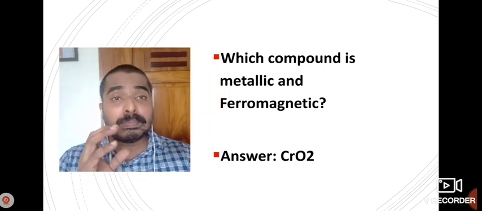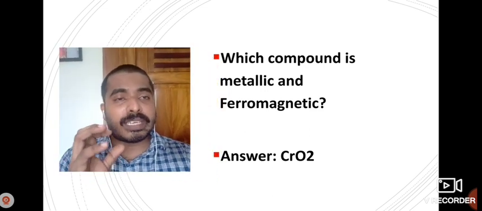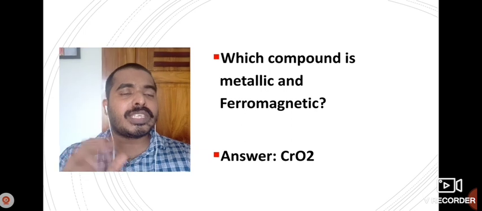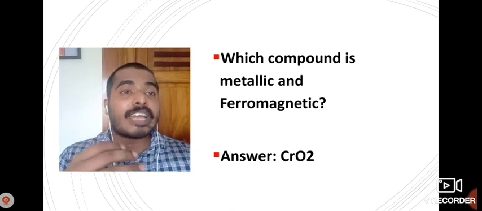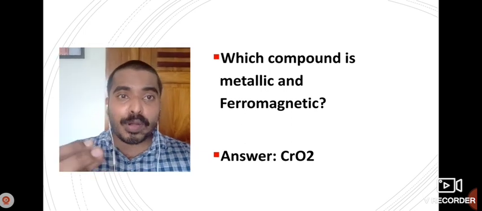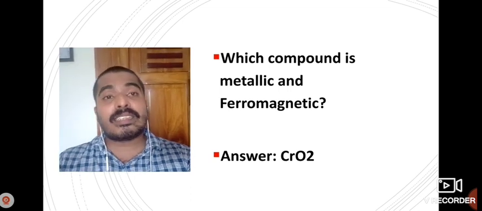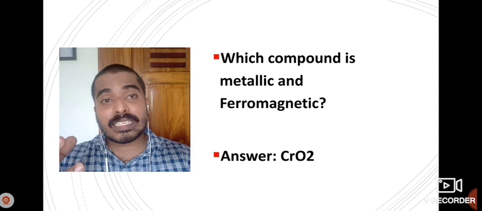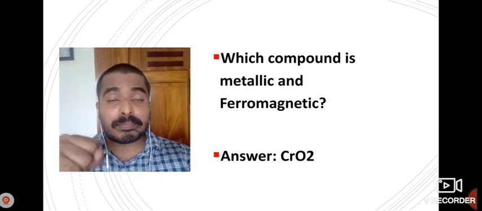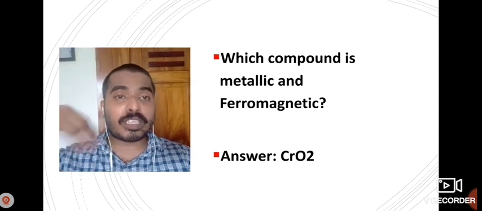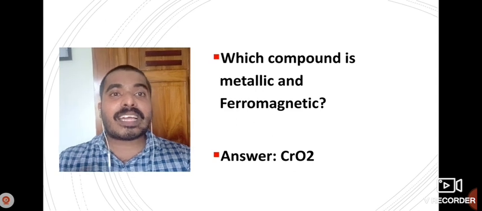The 7th question is a simple conceptual question but a very important one-word question. Which compound is metallic and ferromagnetic? Usually metals are metallic, but some compounds can show the properties of metal, that is, metallic conductivity.